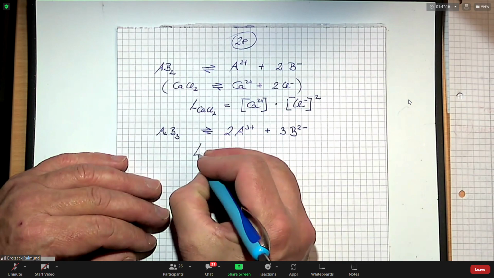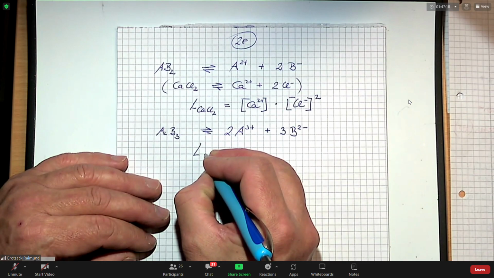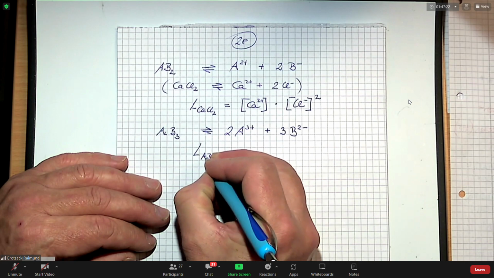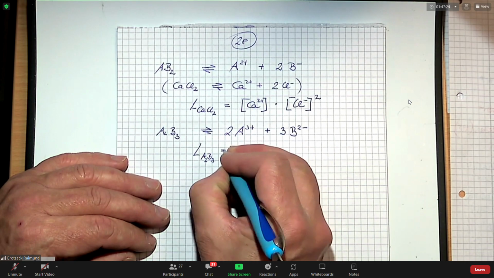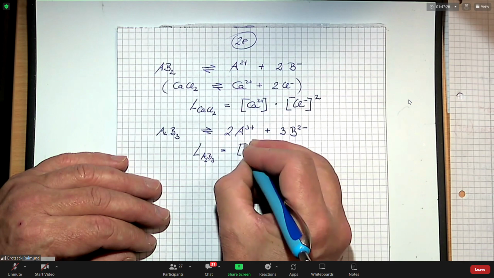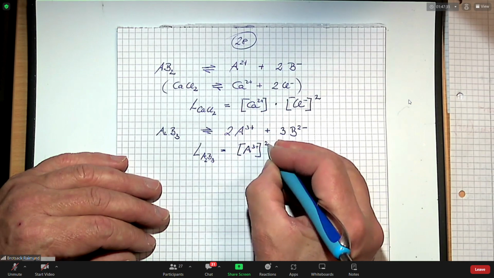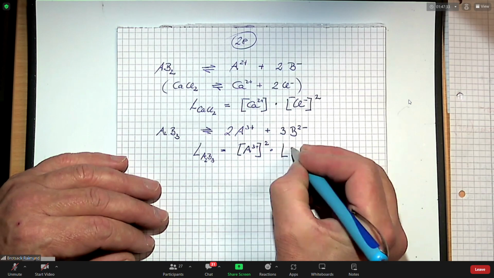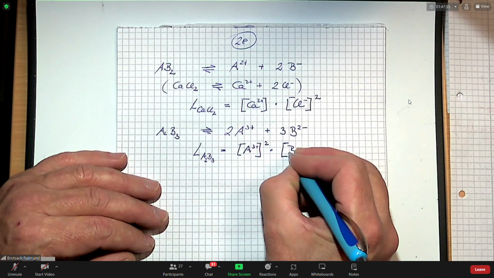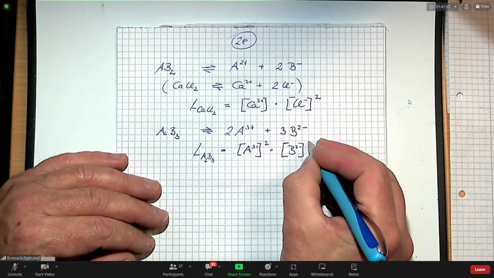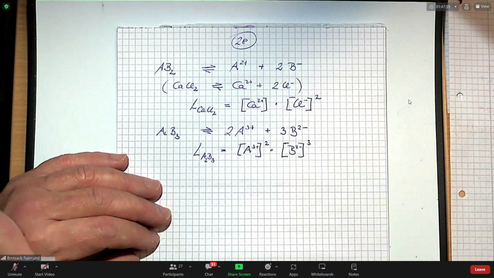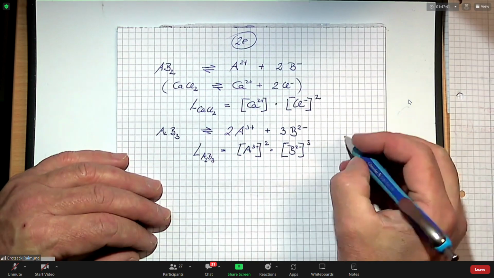The solubility product of the A2B3 type is the A3 plus ions squared times the B2 minus ions cubed.